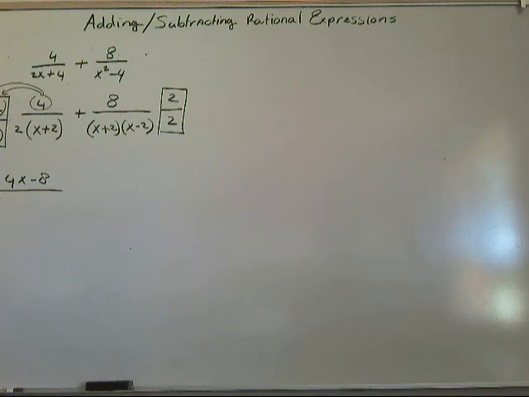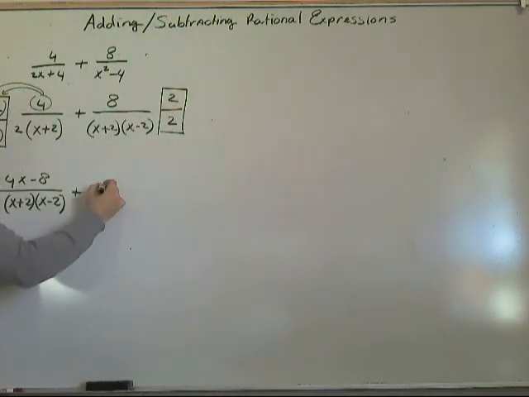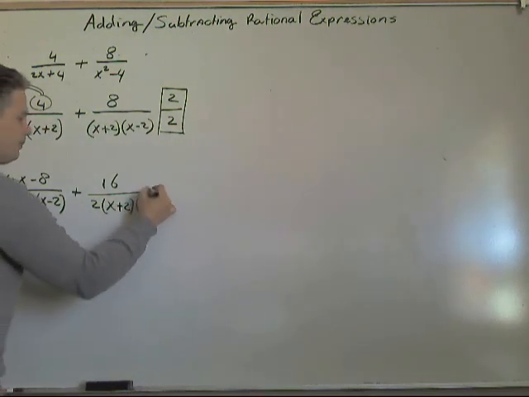all over, and let's put these factors here: the factor of 2, the factor of x + 2, and a factor of x - 2. Now don't start multiplying all this out, because in the end we want to see if maybe we can cancel out another factor. Over here we multiply the numerator by 2, so you get 16 over 2 times (x + 2)(x - 2).